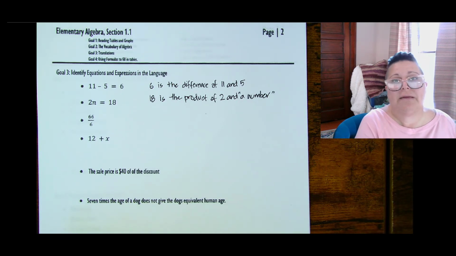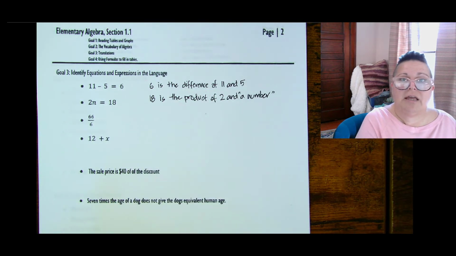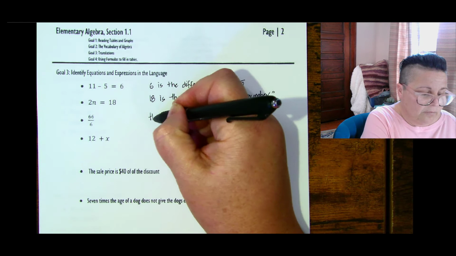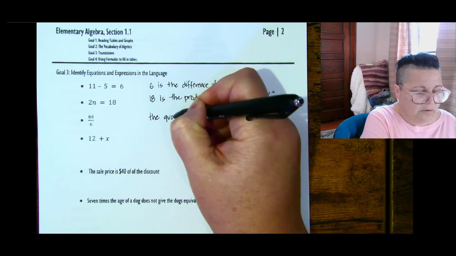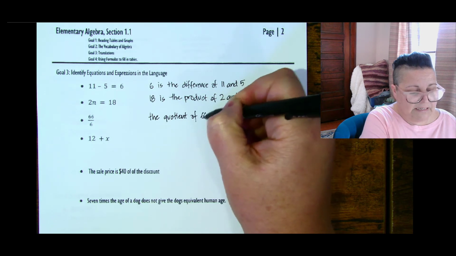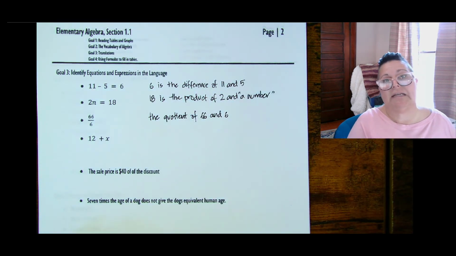In the third example, we don't have an equal sign. That means that this is not an equation, but rather an expression. Since it is division, and our word for the answer to division is quotient, what we're looking for here is the quotient of 66 and 6.